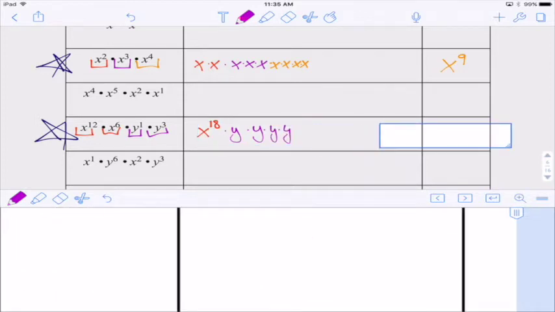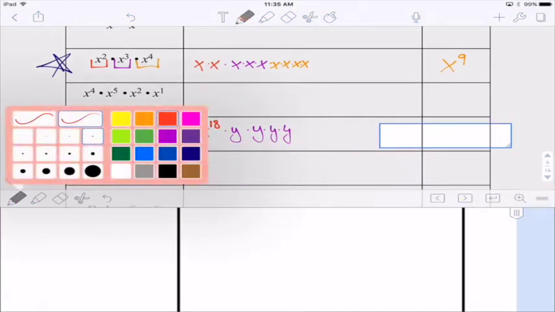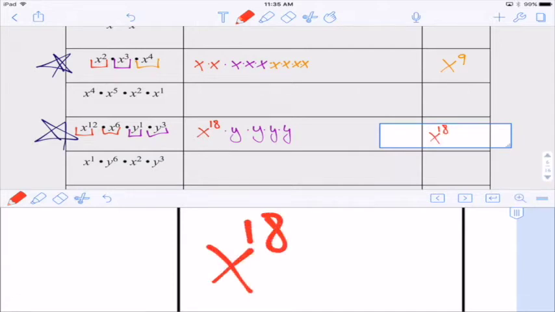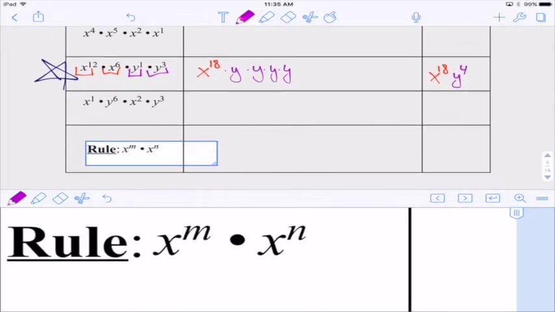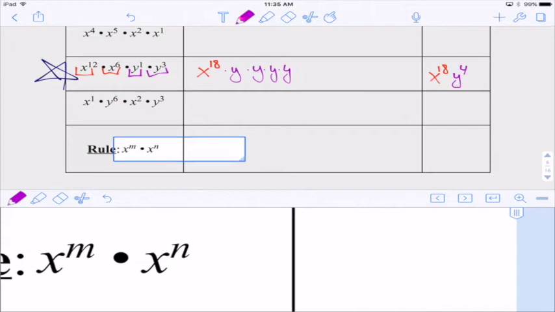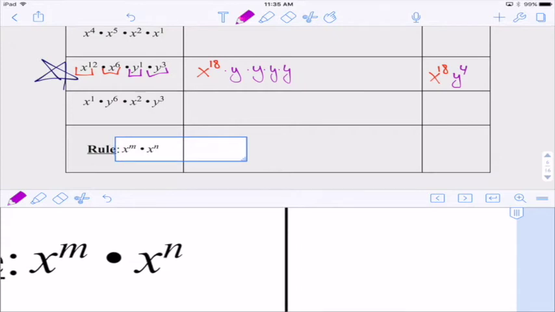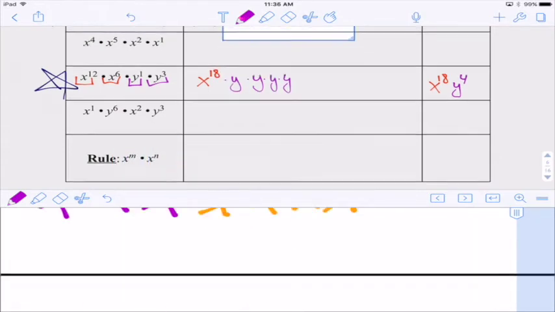We put this all together, we get x to the 18th and y to the 4th. That's simplified all the way. So right here, I want you to pause, do the rest of them, see if you can figure out the rule on your own. Okay? And then I'm going to go back and I'm going to reveal the answers just so you can check. But pause, do it on your own.